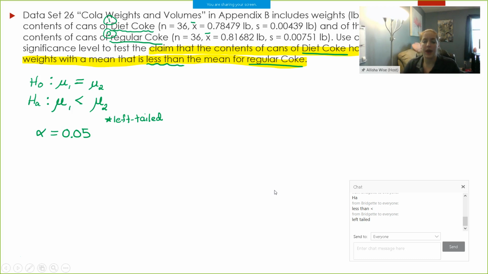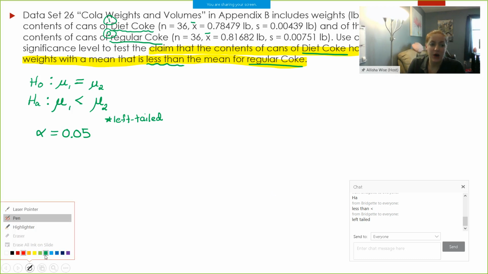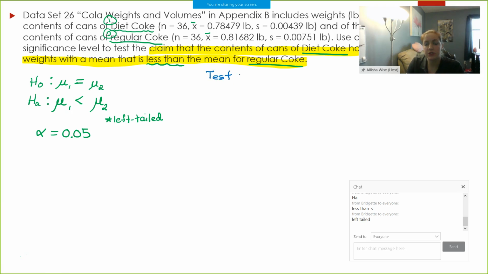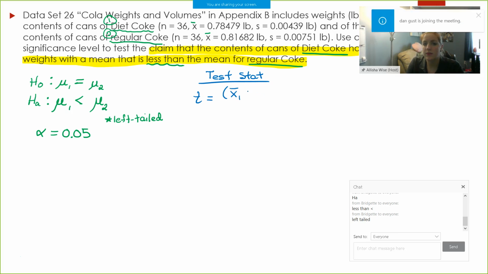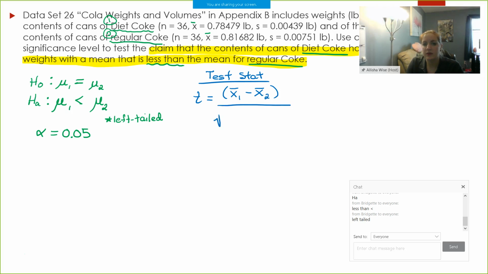Now what we need to do is calculate the test statistic. This is going to be a little bit trickier, but we can do it. We're trying to come up with our t-value. As a reminder, it's x bar sub 1 minus x bar sub 2, divided by the square root of s sub 1 squared over n sub 1 minus s sub 2 squared over n sub 2.